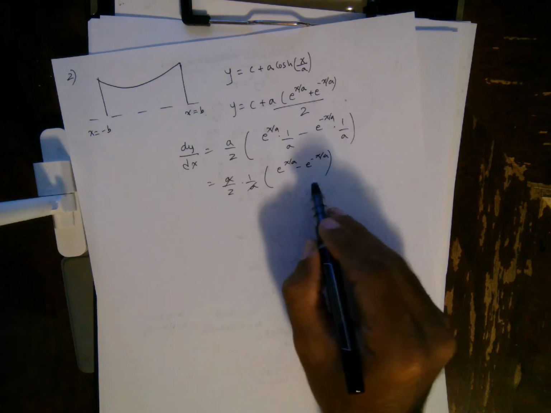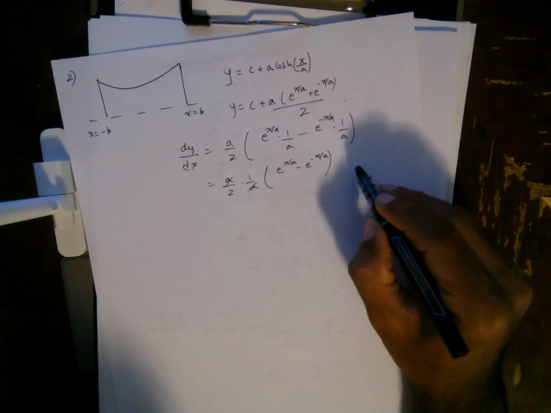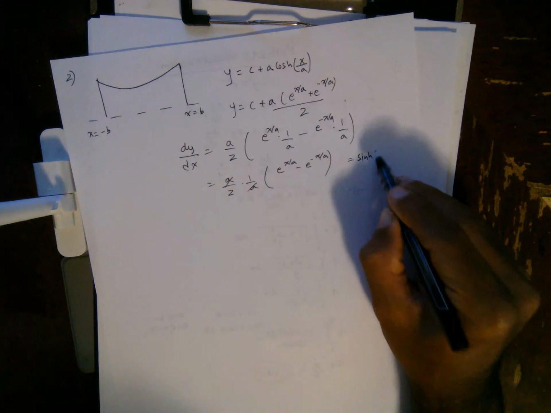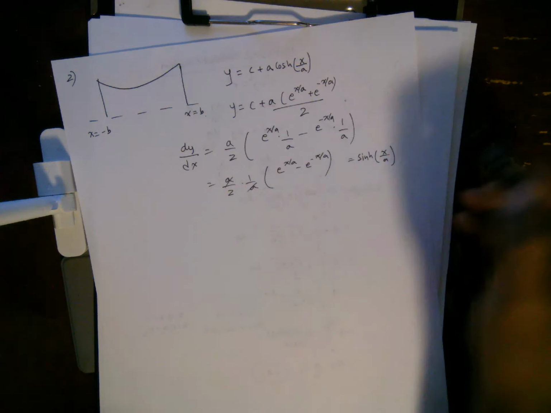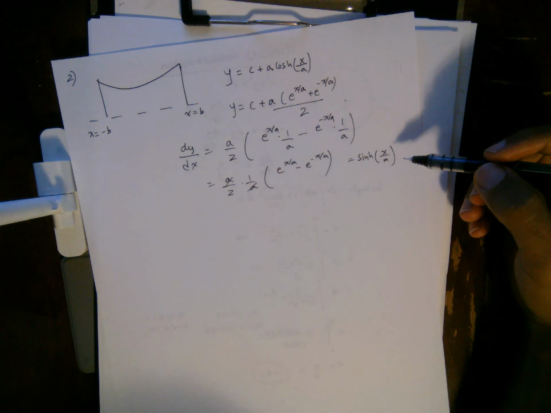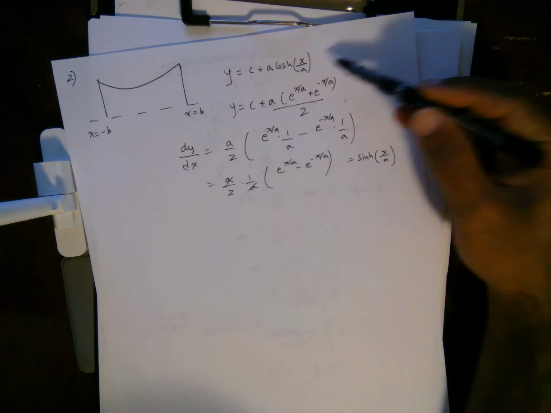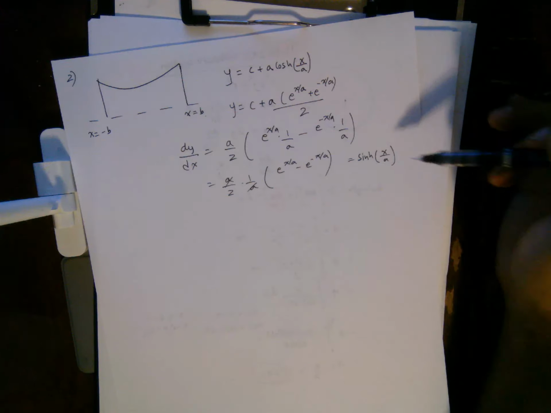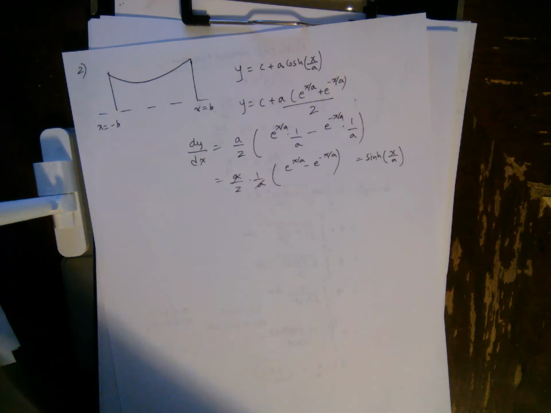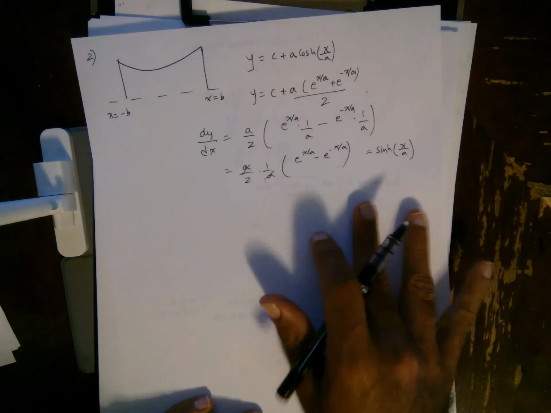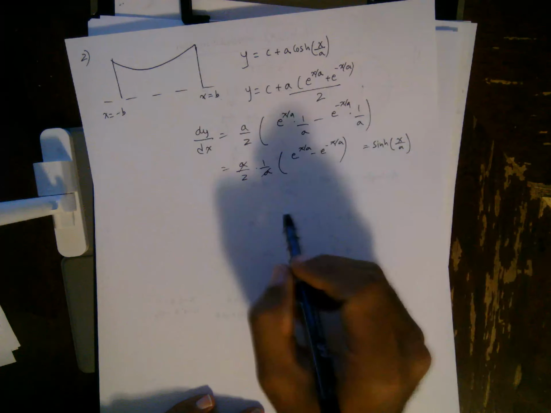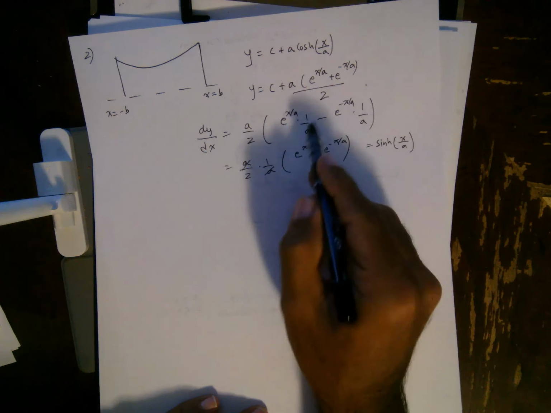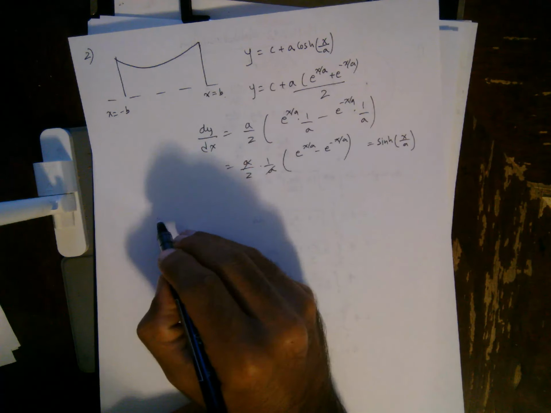So dy over dx is this term, which is basically sinh of x over a, right? If you directly take the derivative and you remember what it is, it should give you the same answer. But because I don't, I just took the long route.